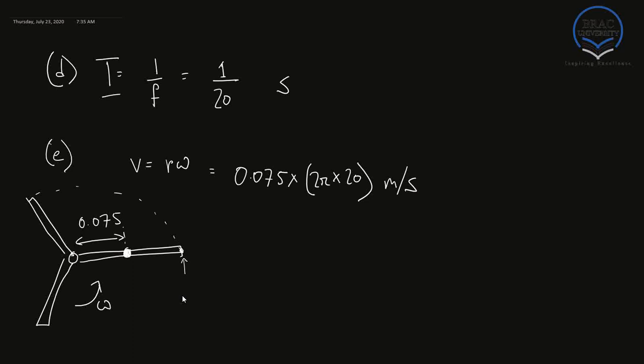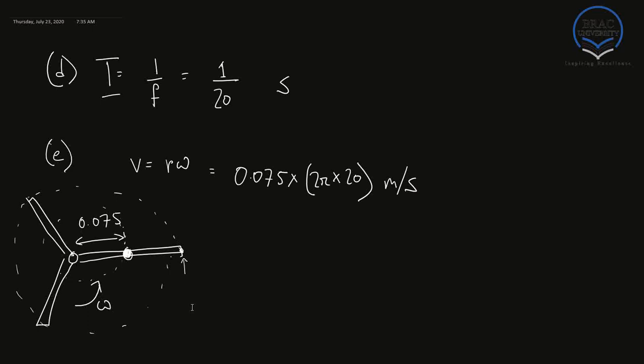But in that time, this tip has traveled this whole circumference, while the point in the middle at the same time has to travel only half the distance. So it's natural that the linear speed of this point, halfway along the blade, is exactly half of the linear speed of the tip of the blade, even though the angular speed of this whole fan is omega.